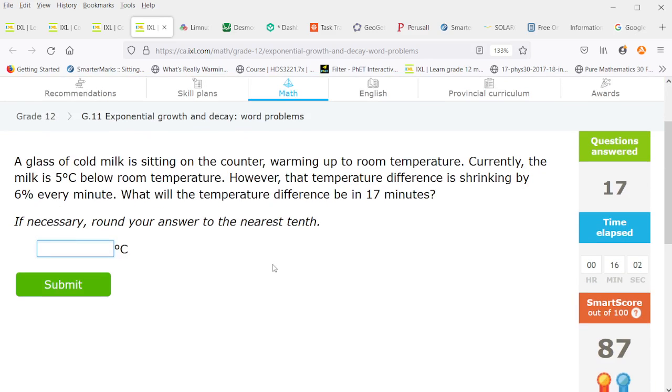A glass of cold milk is sitting on the counter, warming up to room temperature. Currently, the milk is 5 degrees below room temperature. However, that difference is shrinking by 6% every minute. What will the temperature difference be in 17 minutes? So every minute, we are approaching that. So this is something where technically we should have a negative exponent coming in.